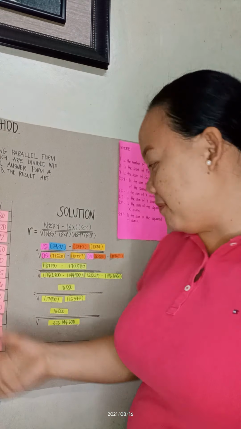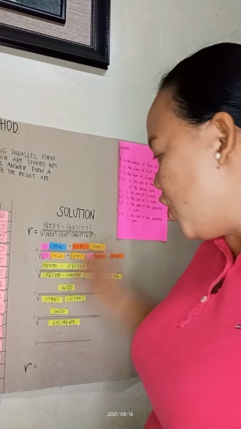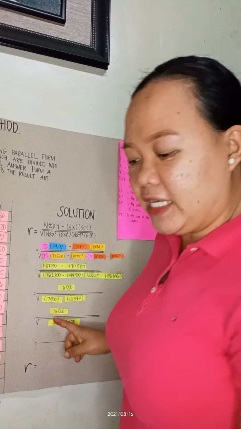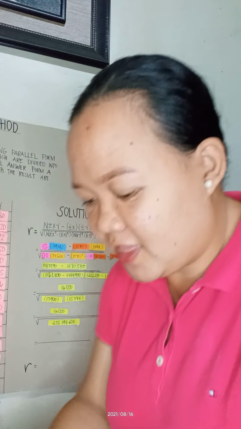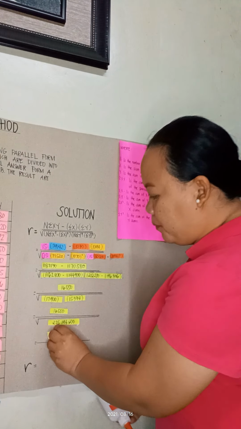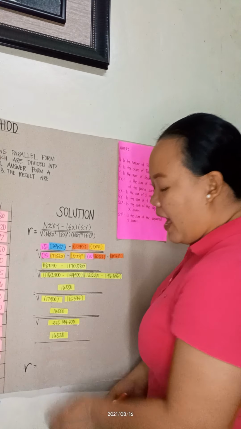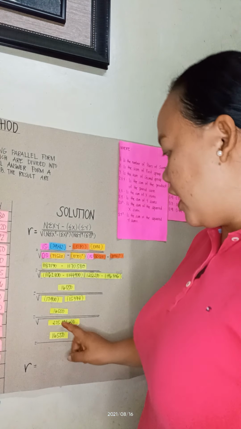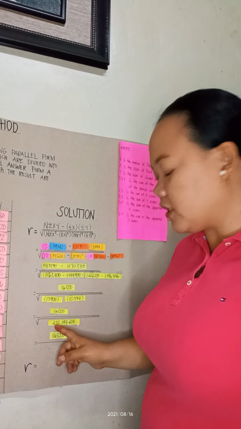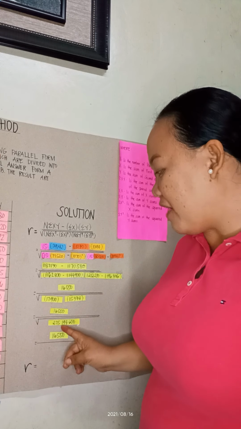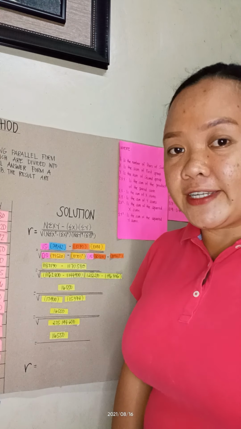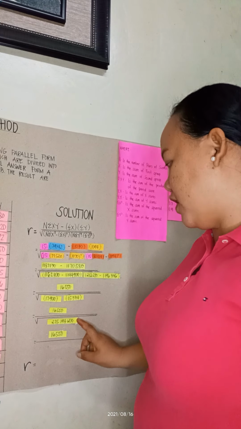We are almost done because this is the last number. So we will continue. We will put 16,500 here because we have to find the square root of 275,194,600.